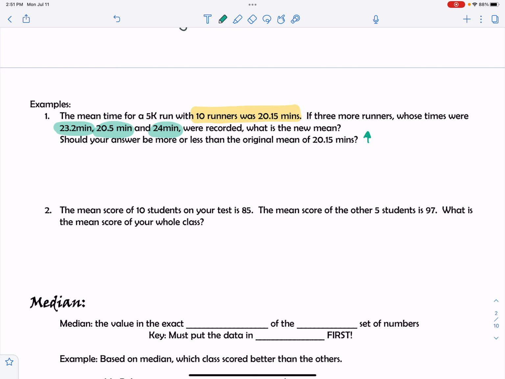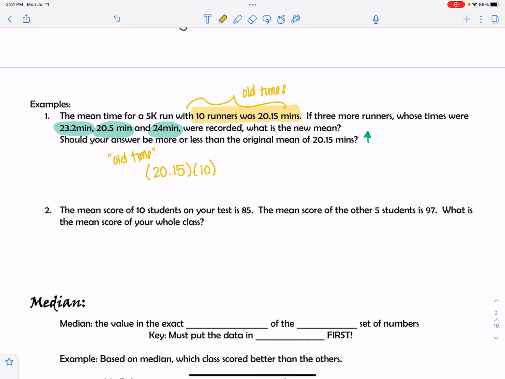All right, the first thing I have is the old times, the times that I highlighted up here in yellow. Now that old mean was 20.15, but there were 10 runners.